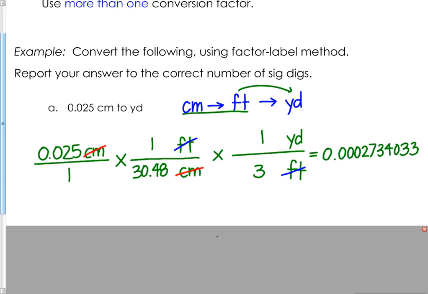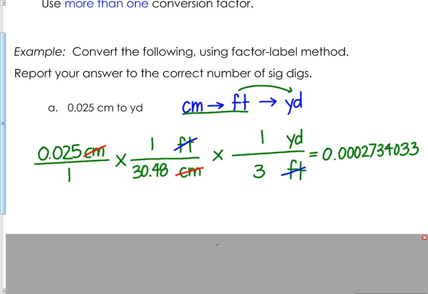You decide that by going back to your original given. Looking at this number, 0.025, ask yourself how many significant digits you see. You should come up with only 2. That means my answer can only be reported to 2 significant digits. The zeros after the decimal are only placeholders, so none of those count.